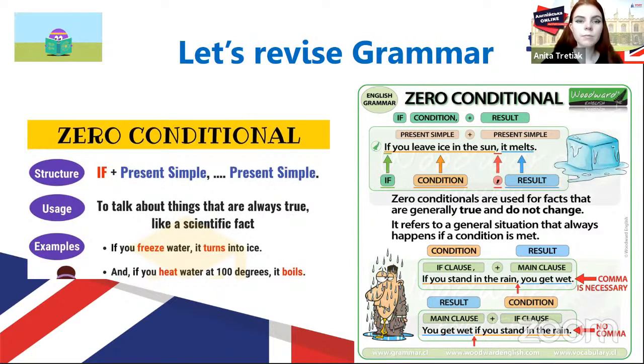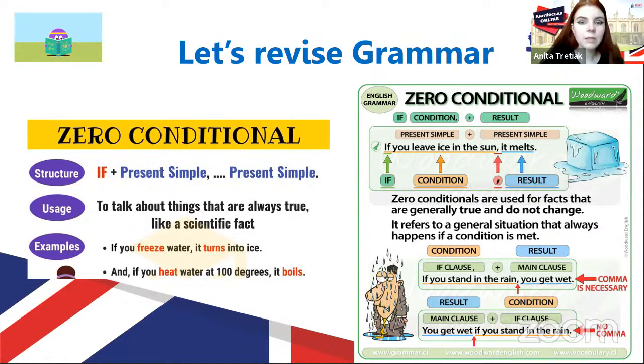So it means that if you follow this thing, this advice, if we can say so, if you do freeze water, then anyway, it turns into ice. It is always when you freeze water, it turns into ice.